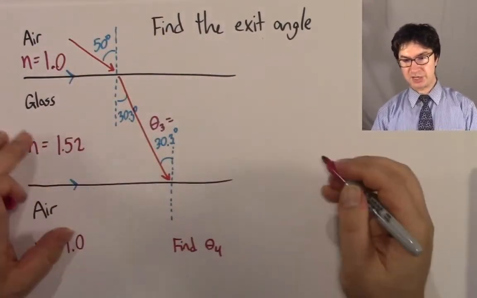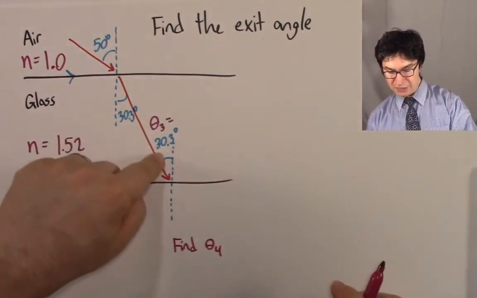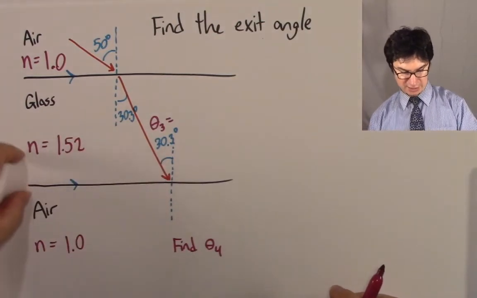So now we're going to set up Snell's law, but we're going to do it in terms of theta 3 and this index of refraction here.